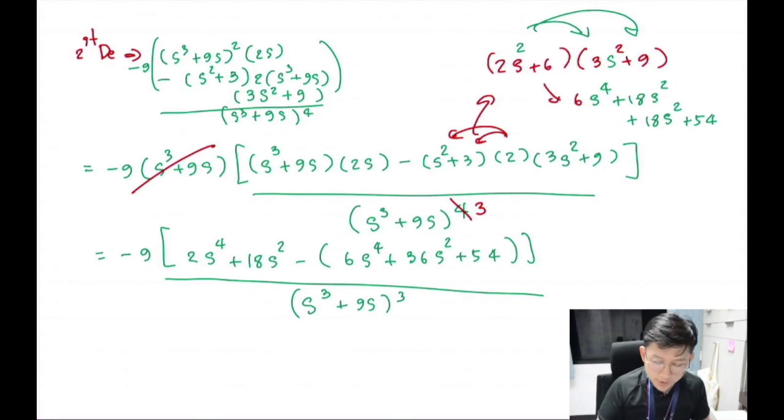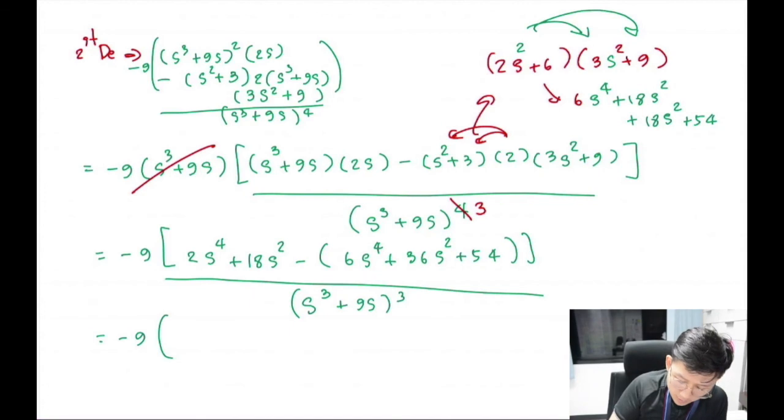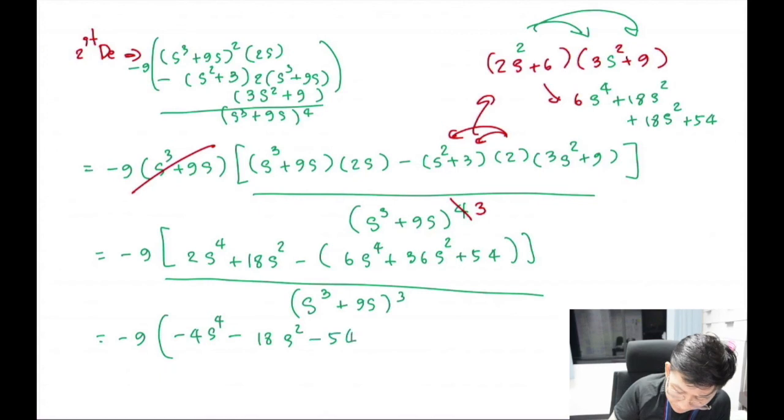Okay, so we have minus 9. There will be minus 4s to the 4, right? Minus 18s squared minus 54 divided by s cubed plus 9s.